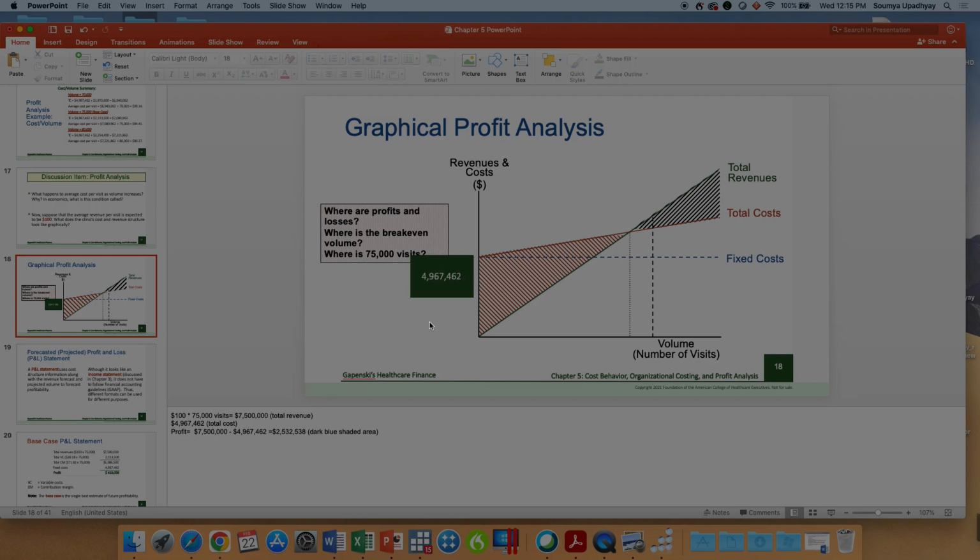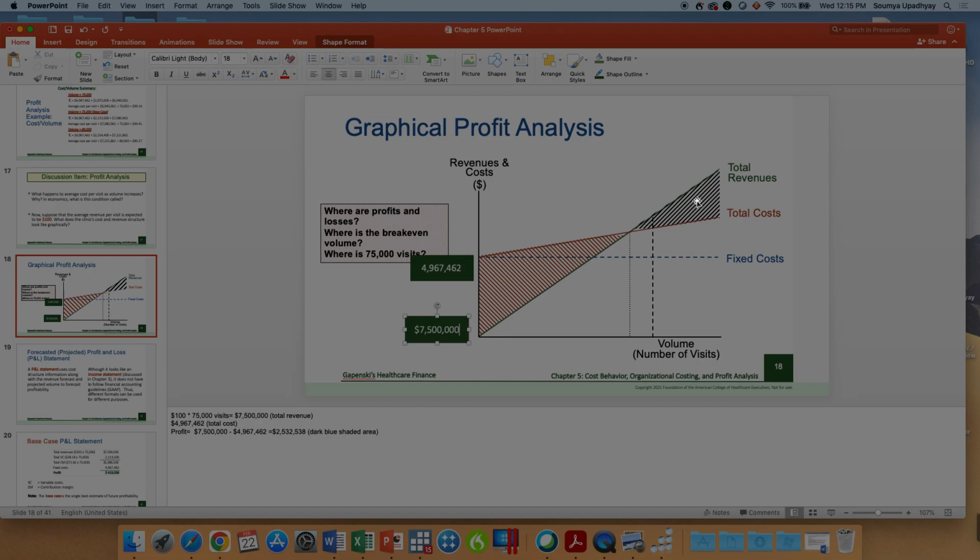462 in cost over here, and this line is represented by the cost, this red line. The total revenue is over here, and that is represented by another box, and that will give me the dollar amount that I just calculated, $7.5 million, which is right here.